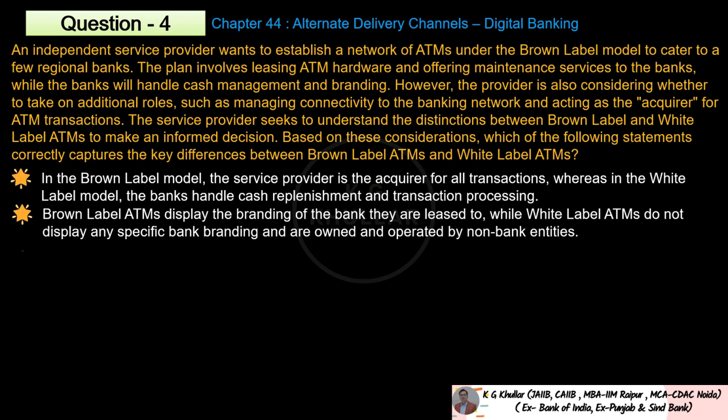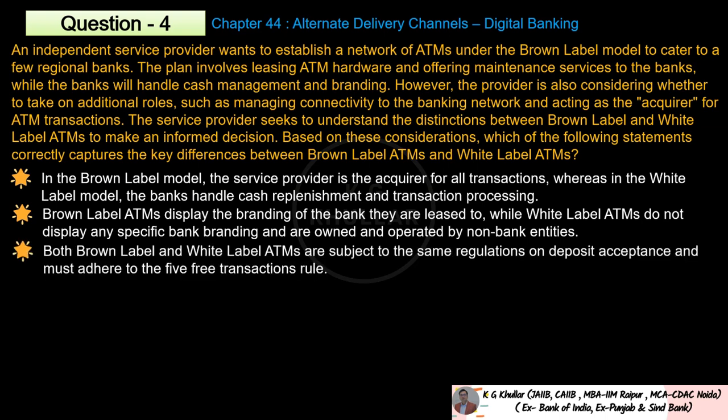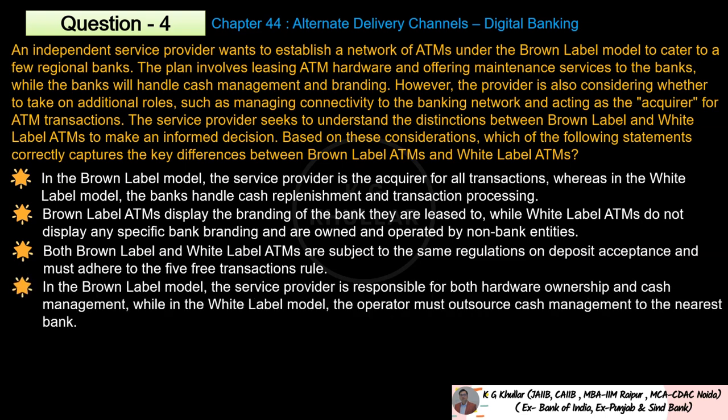Then third option C is, both brown label and white label ATMs are subject to the same regulations on deposit acceptance and must adhere to the 5 free transactions rule. And last option D is, in the brown label model, the service provider is responsible for both hardware ownership and cash management, while in the white label model, the operator must outsource cash management to the nearest bank.